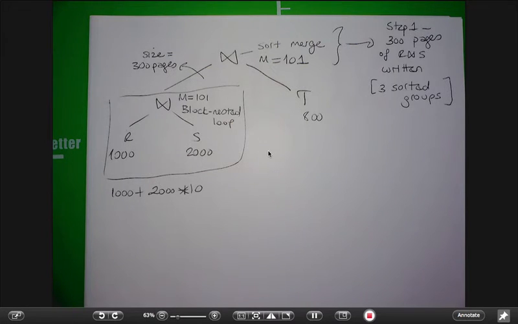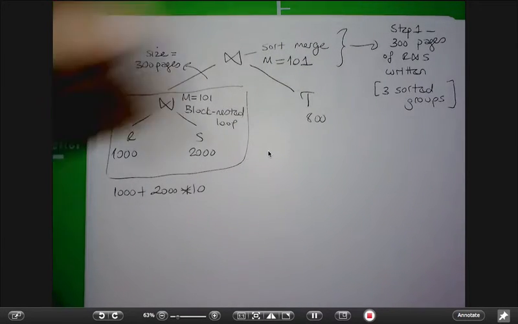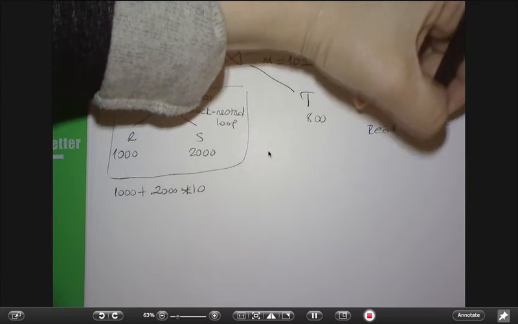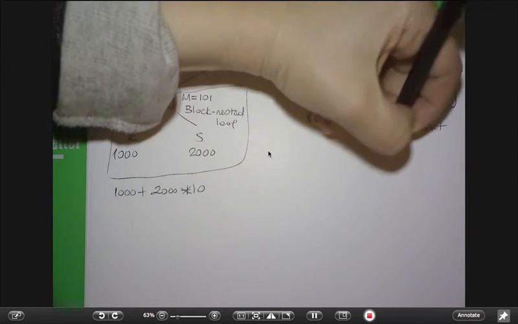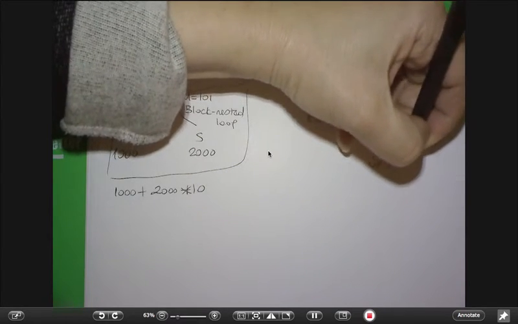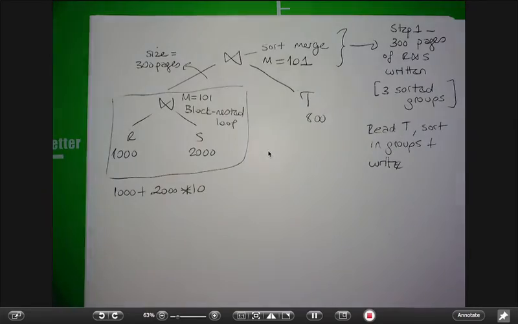Then I am going to do the same with T. So now I'm going to read T, sort in groups, and write. So I'm going to read T once and write it once.